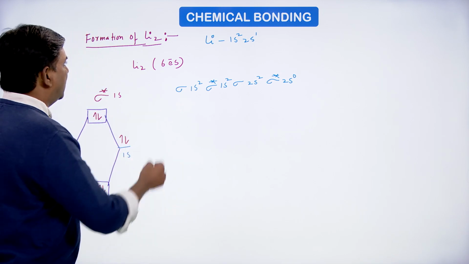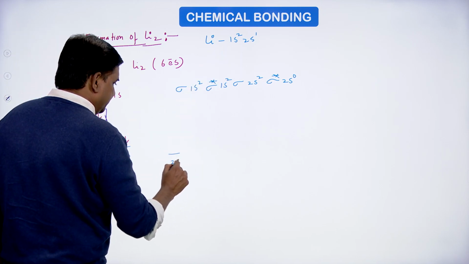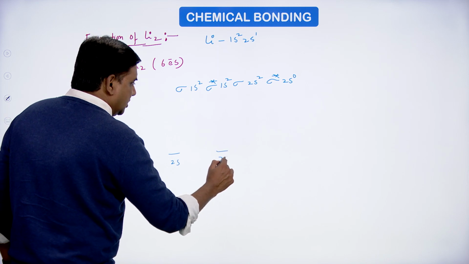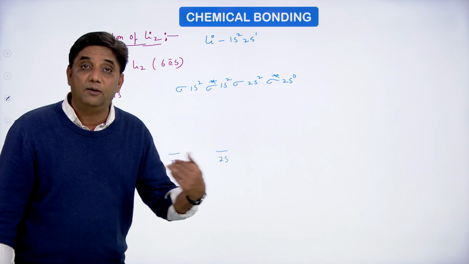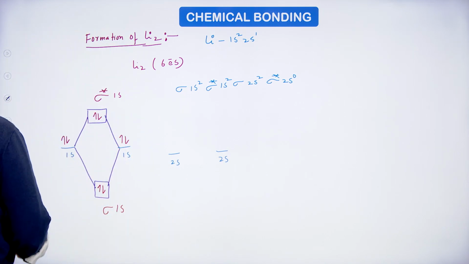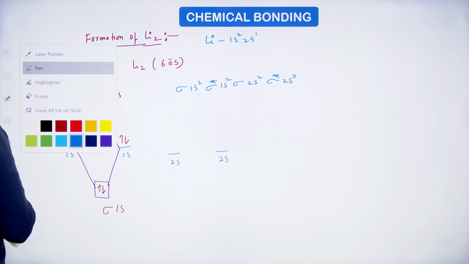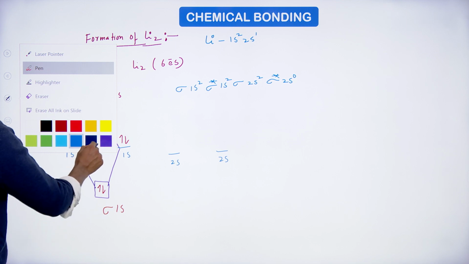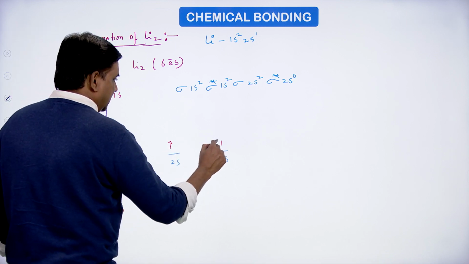And now 2s. This is the 2s and this is also 2s. The 2s orbital of one lithium atom will combine with the 2s orbital of another lithium atom. Here there is one unpaired electron, and here there is one unpaired electron.